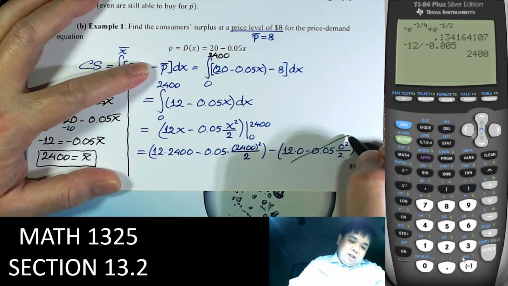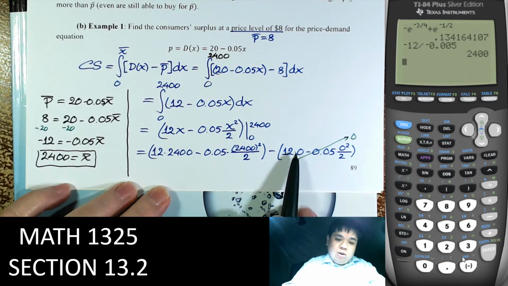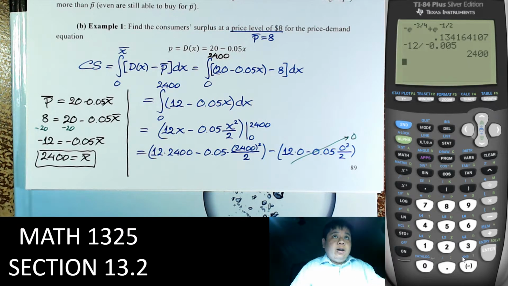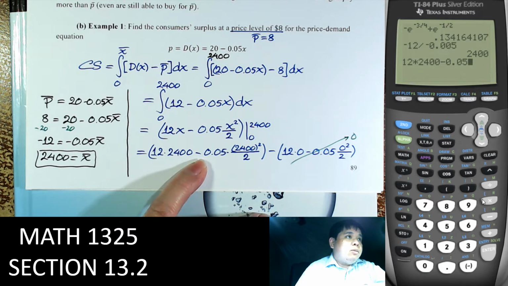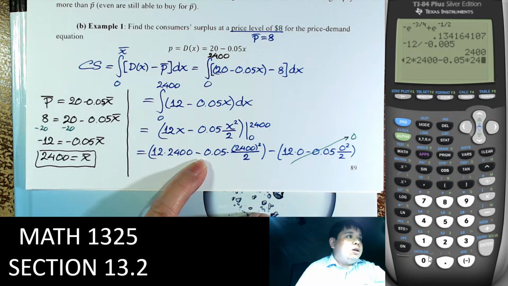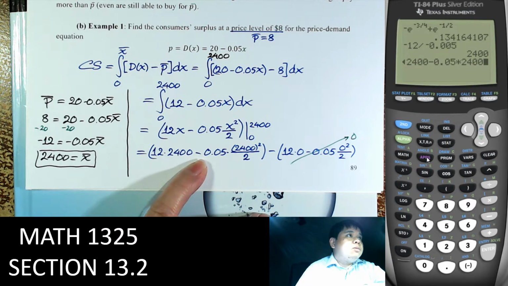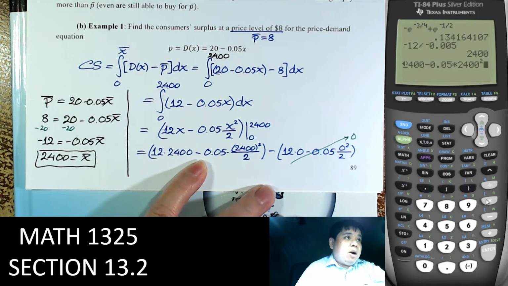That gives us 0 for the lower limit. So 12 times 240 minus 0.05 times 240 squared divided by 2.